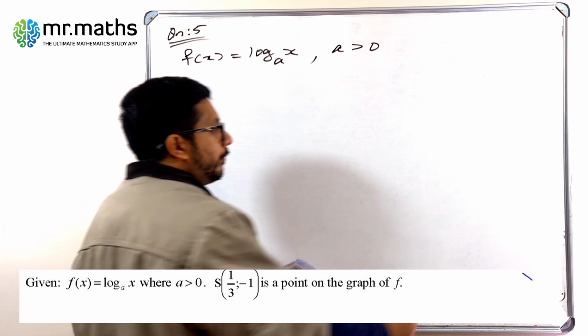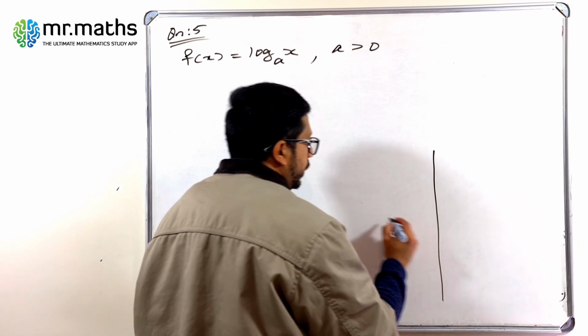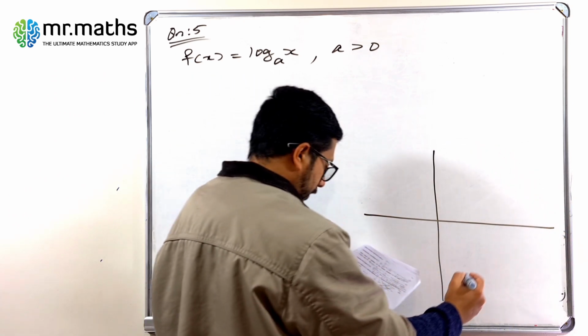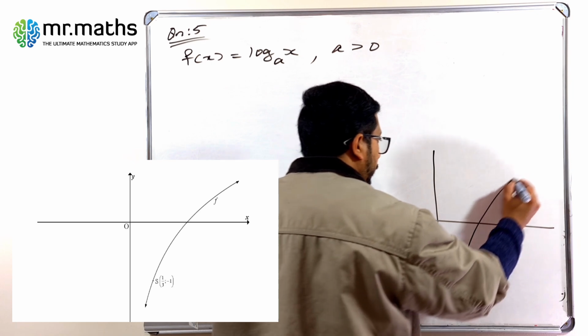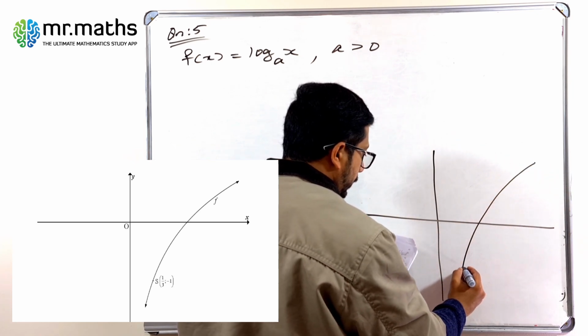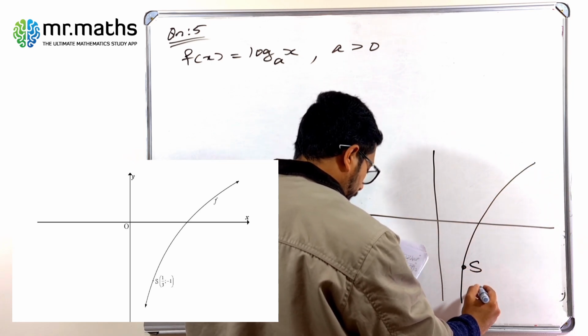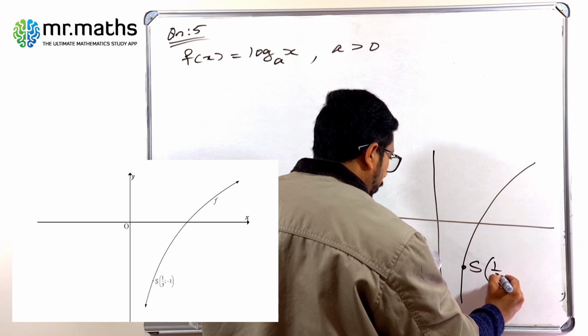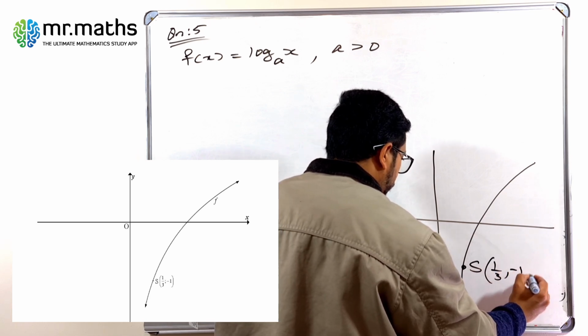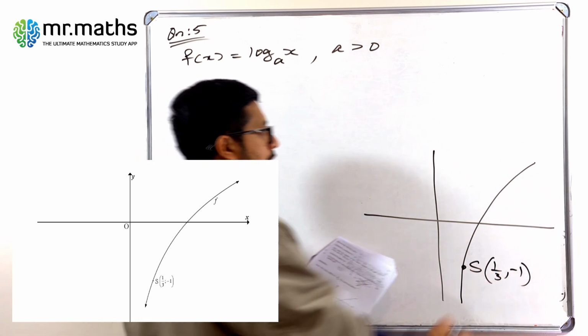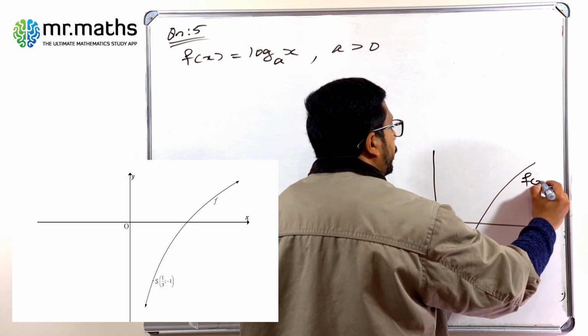So the given one is a logarithmic graph, and they are saying that the point S, look at the graph, there is a graph given like this, and there is a point here S (1 over 3, minus 1). So this is the graph of f of x.